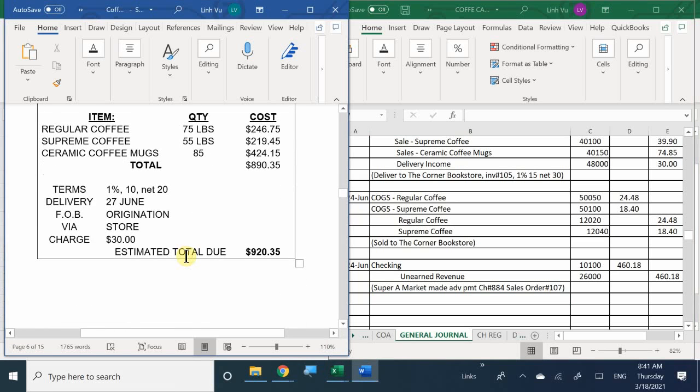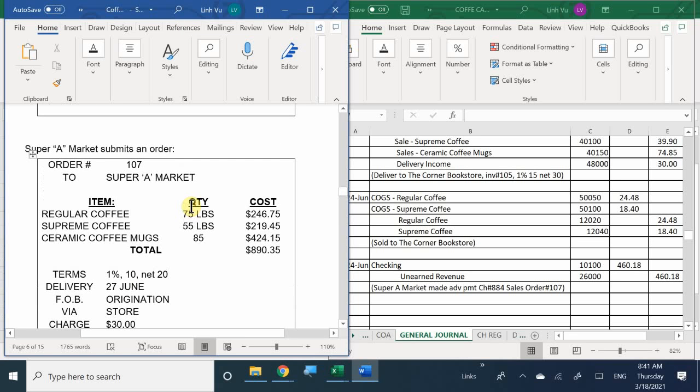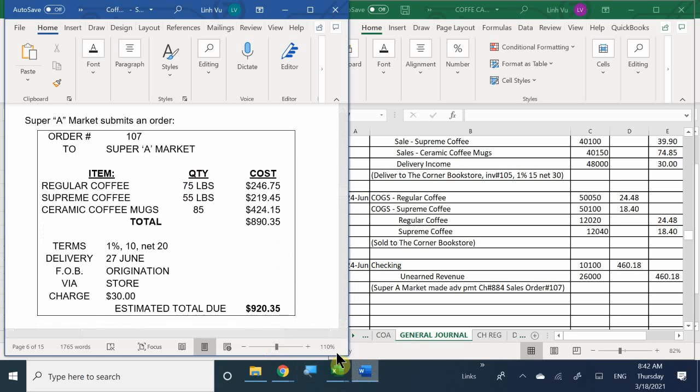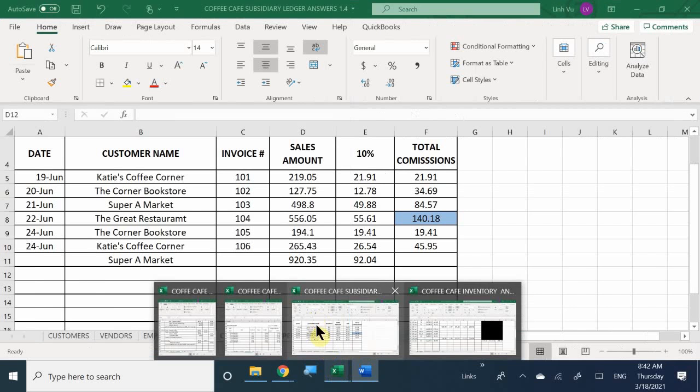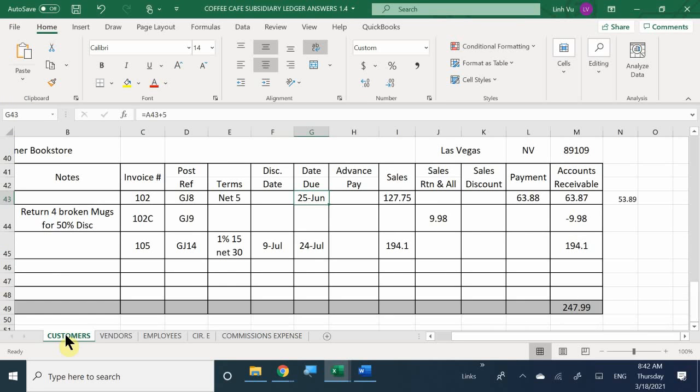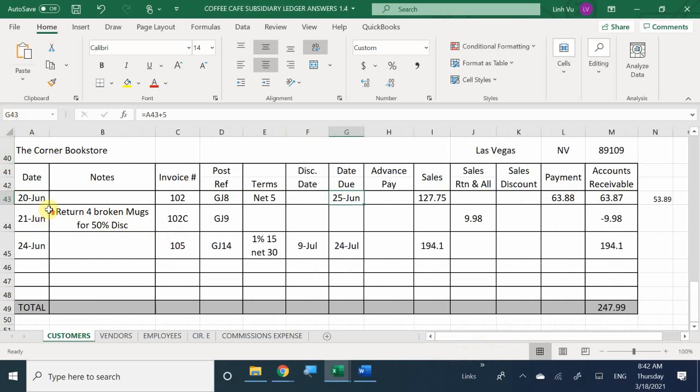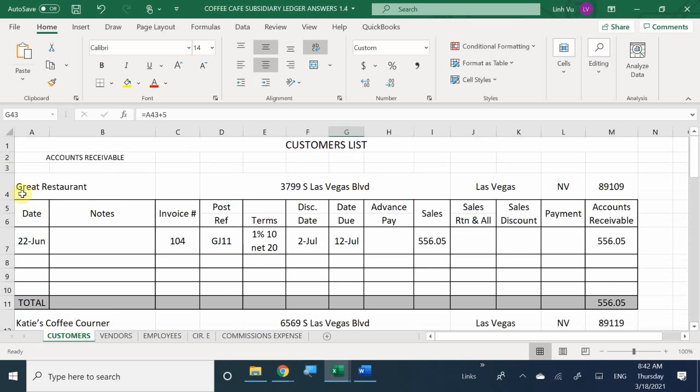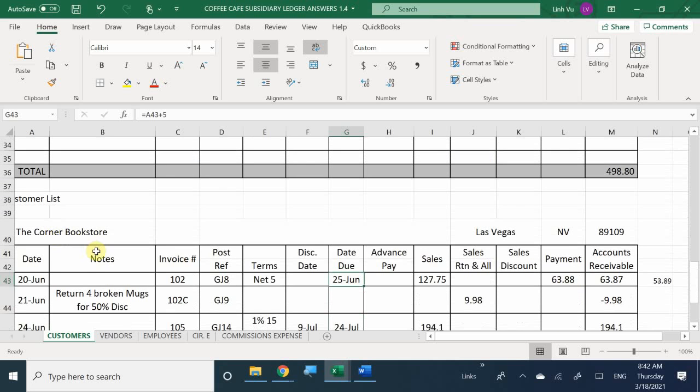Okay. So what do we do here? We want to put it on the subsidiary. Absolutely correct. We need to put it in the subsidiary ledger because this affects a customer. And when they receive their order, then we have to make the adjustment there. So in this case, I think they're at the very bottom, Super A Market.